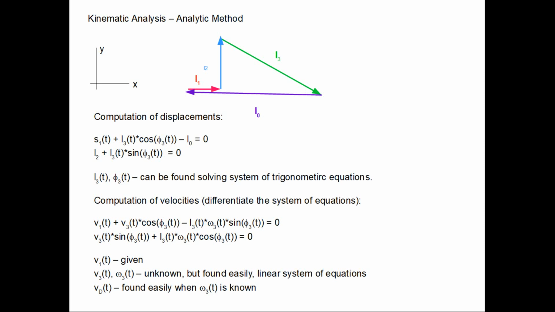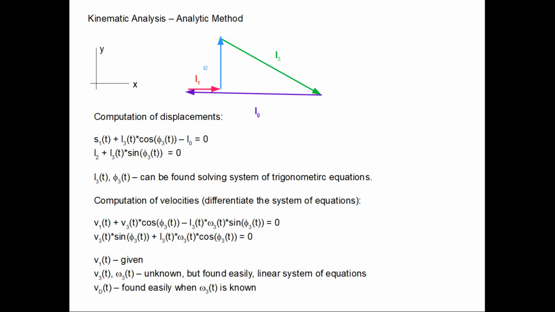I differentiate this, so I obtain v1 of t times... And here be careful, because this is the product of two functions. So after differentiation you need to obtain two terms. The first term is v3 of t times cosine phi3 of t minus, in the second term, L3 of t times omega 3 of t times sine phi3 of t.